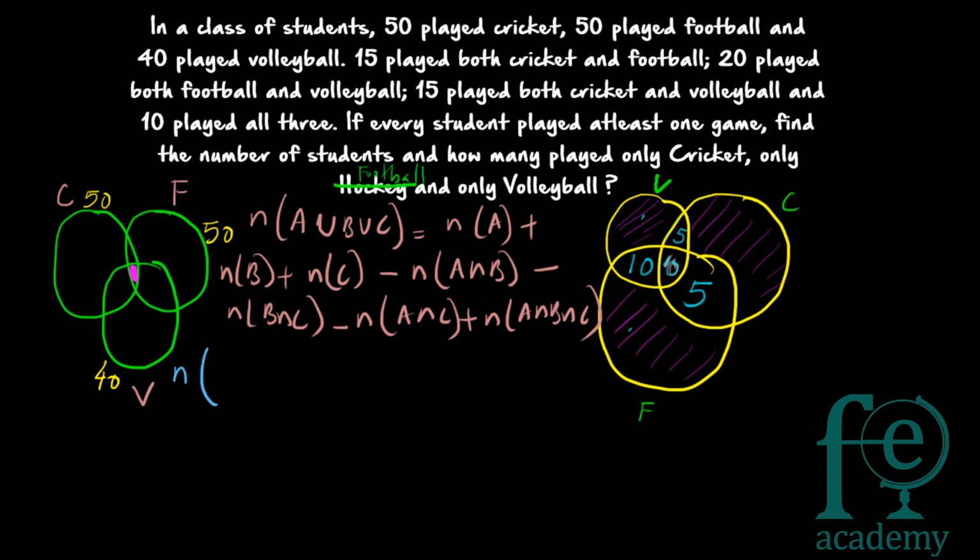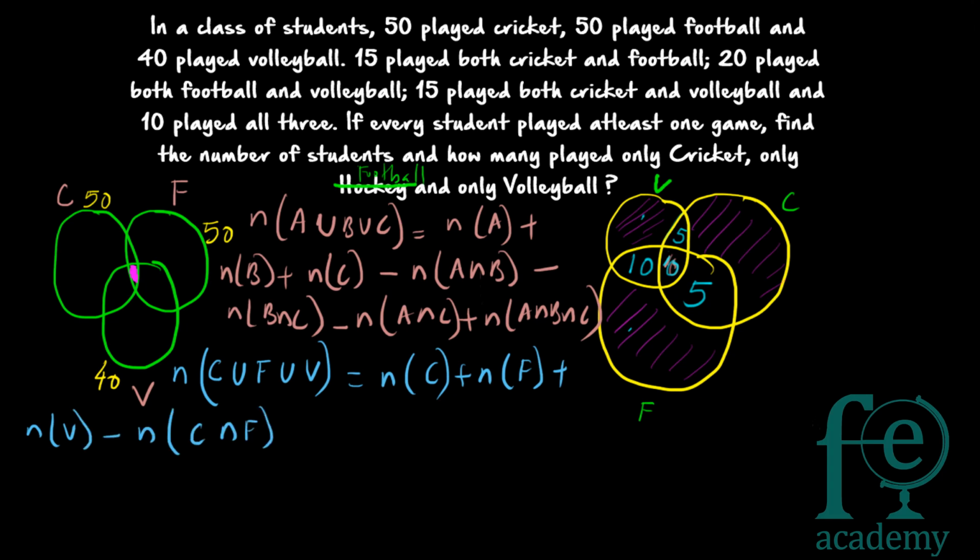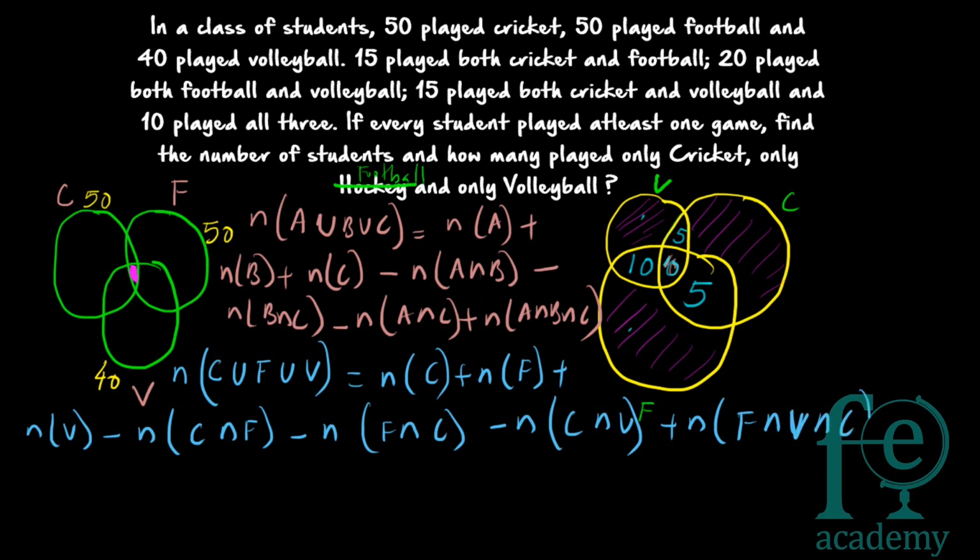So let's represent it as N of C union F union V. The students who are participating in either cricket or football or volleyball, or a combination of two of them, or all three, the total number of students will be equal to the number of students in cricket plus the number in football plus the number in volleyball, minus the number in both cricket and football, minus the number in football and volleyball, minus the number in cricket and volleyball, plus the number of students participating in all three.